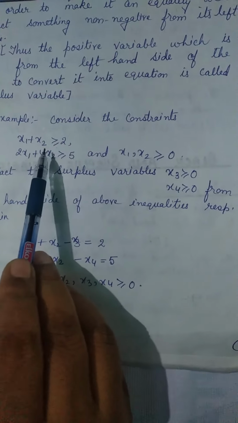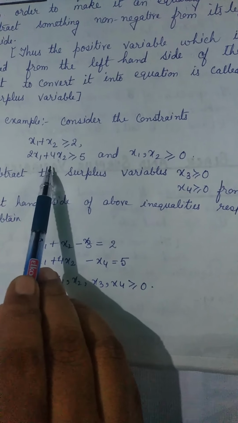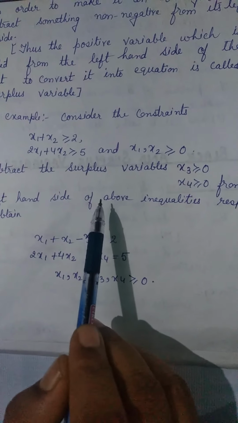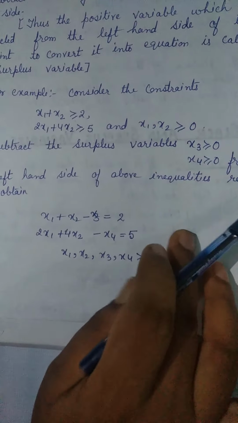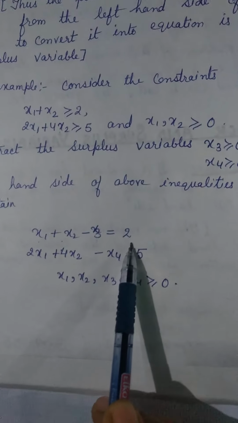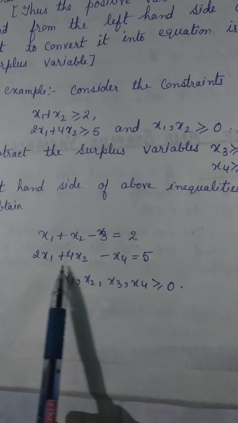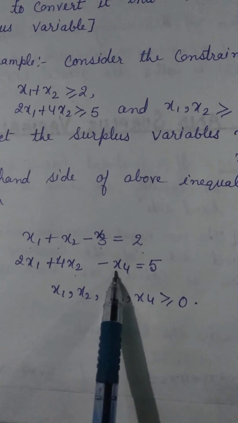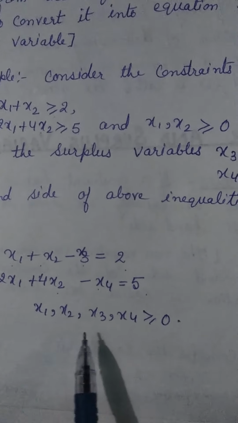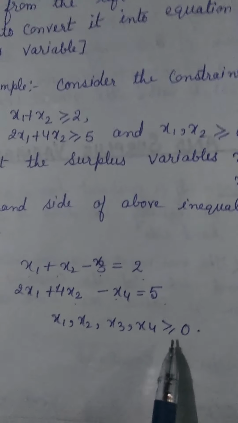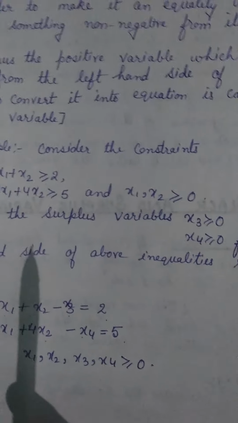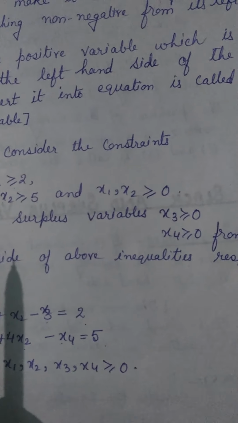So we will take two surplus variables x3 and x4 from the left hand side of the inequalities, and then we obtain x1 + x2 - x3 = 2, 2x1 + 4x2 - x4 = 5, where x1, x2, x3, x4 are all greater than or equal to 0. So this is what a surplus variable and a slack variable are.